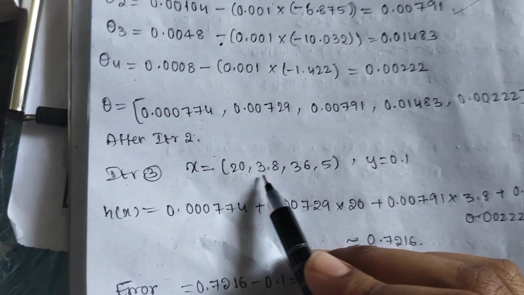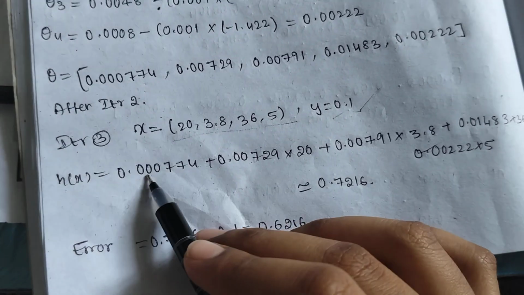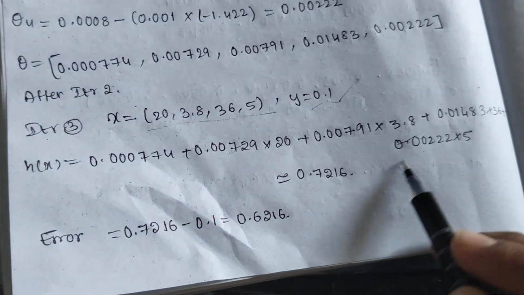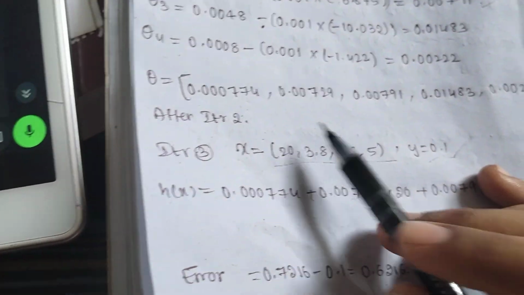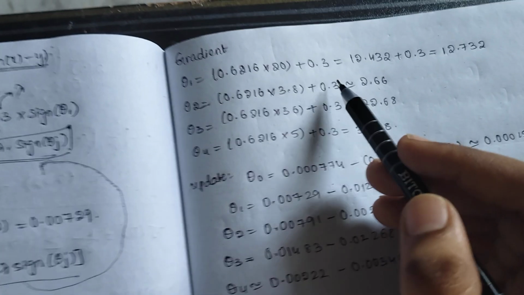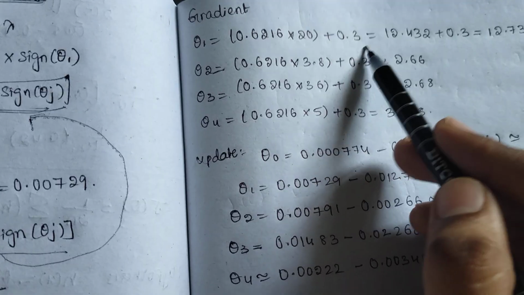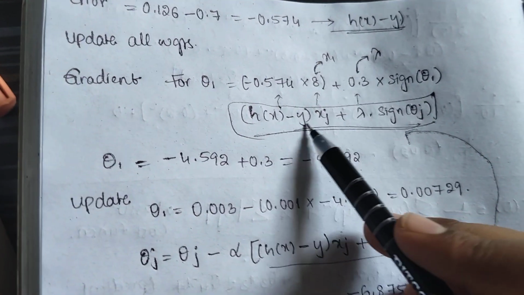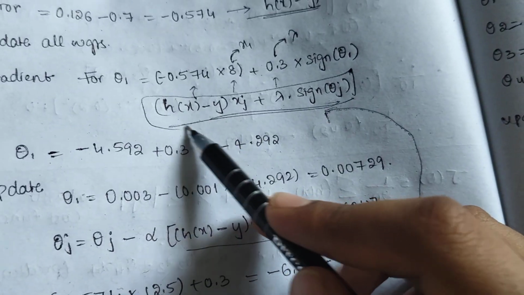Next, for iteration 3, we have taken the third row and the target value. Same thing we have done. H of x we have found, then the error. After finding the error, let's see here. The weights are positive, so the sine value will be positive. So for this lambda into sine function, this sine into lambda is 0.3, and the errors are the errors.